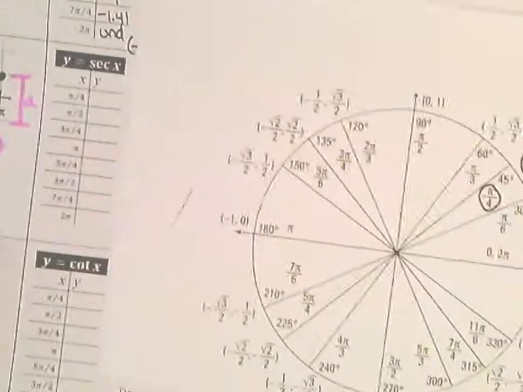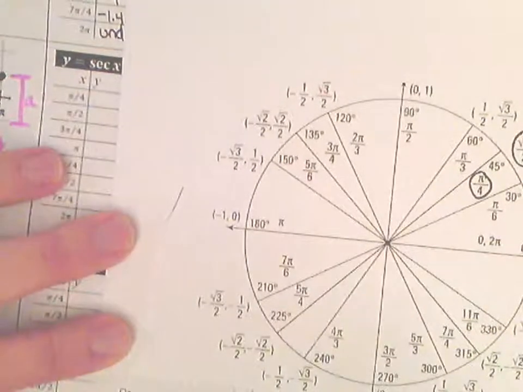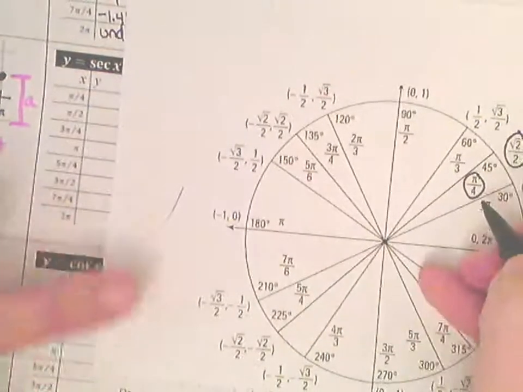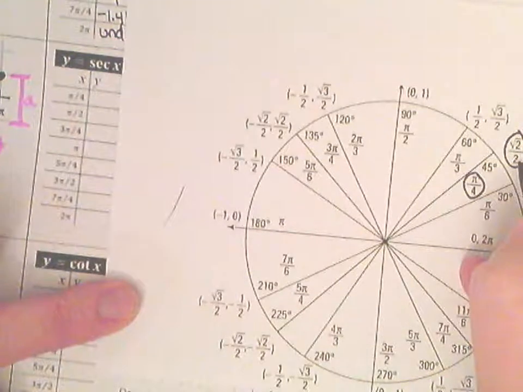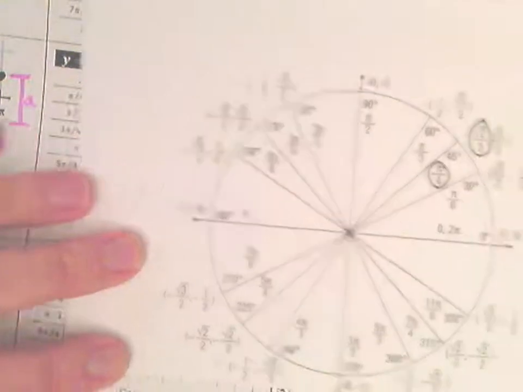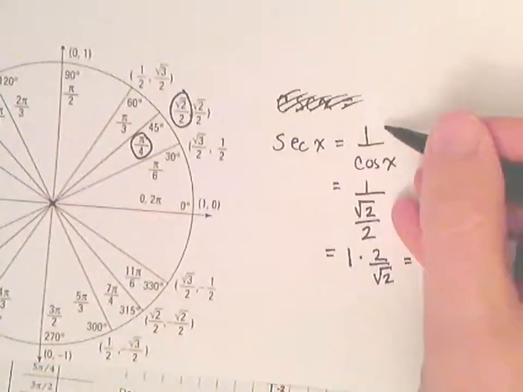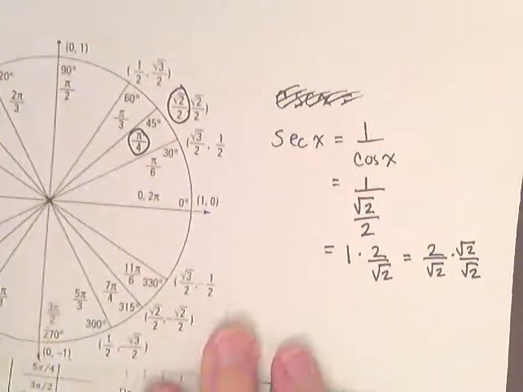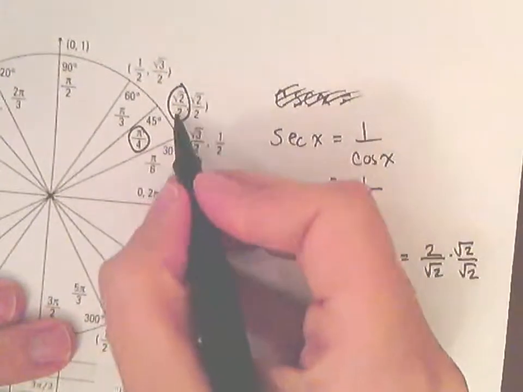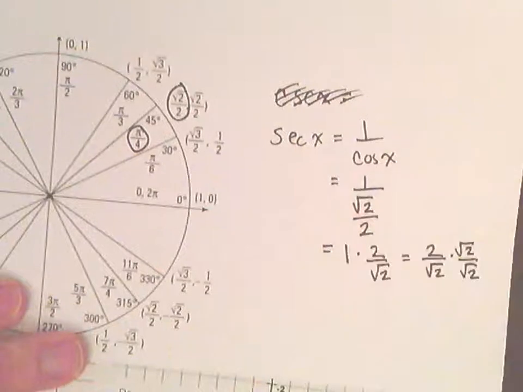So to fill in our table, at pi over 4, our cosine was square root of 2 over 2. But if you remember, secant of x is just 1 over cosine of x. So here cosine of x is square root of 2 over 2, so it's 1 over square root of 2 over 2.